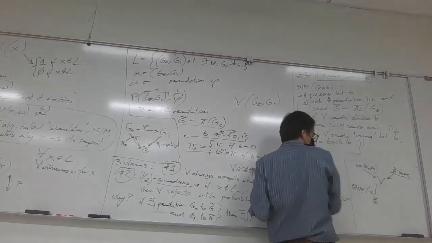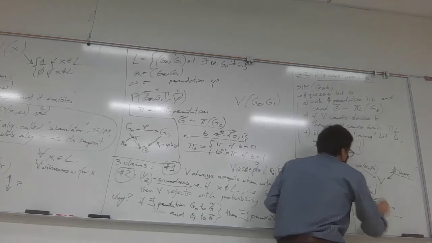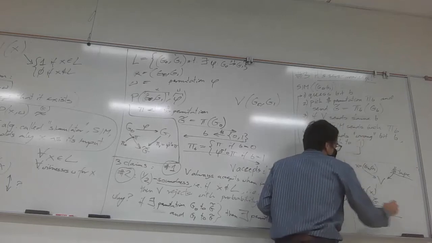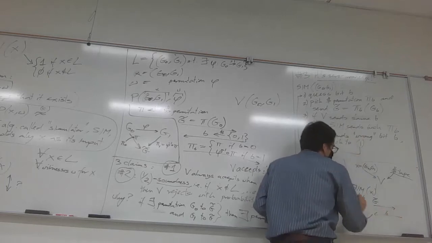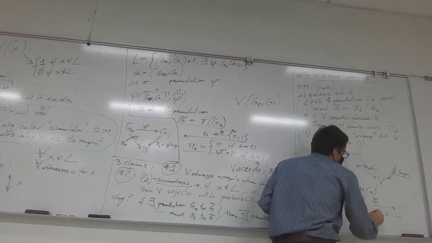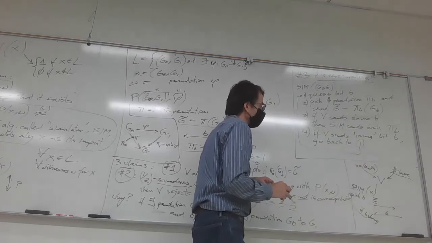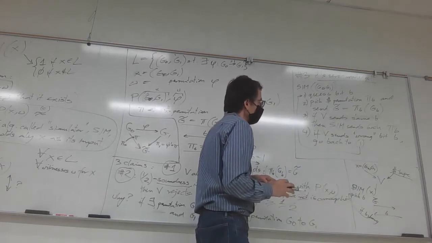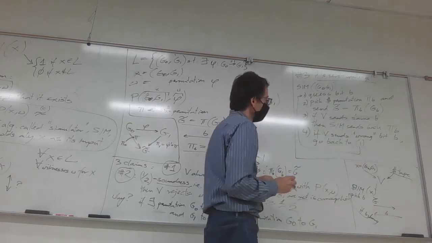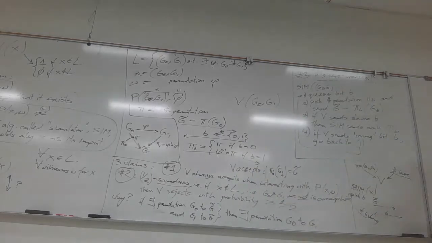Pick G hat as here, send it, pick B, send it, and recurse if B is wrong. Why? Maybe I can convince you of the end result.